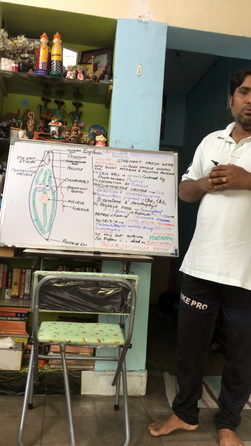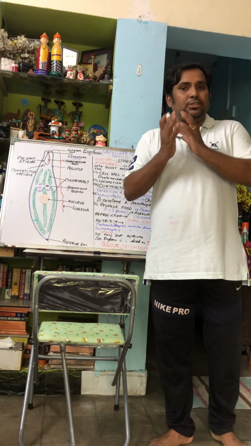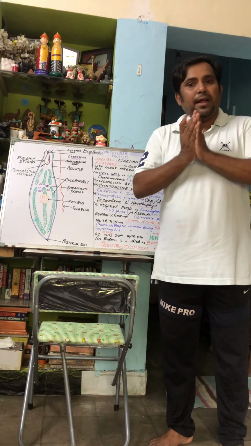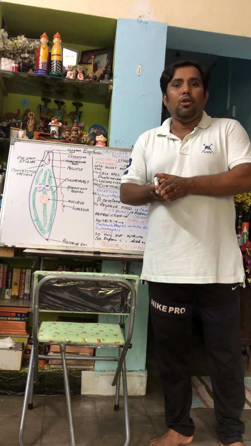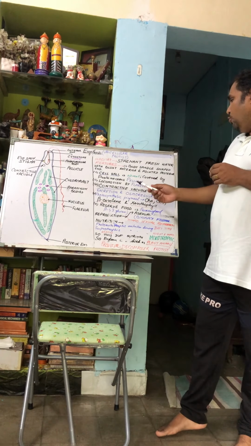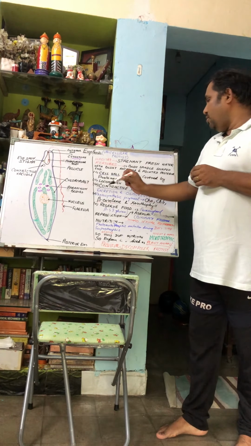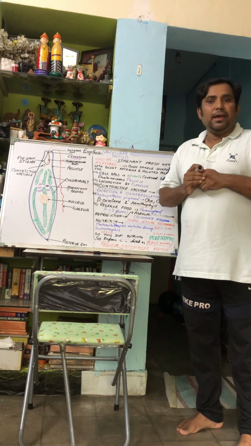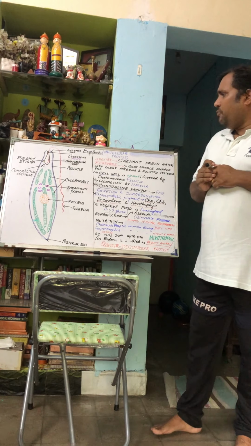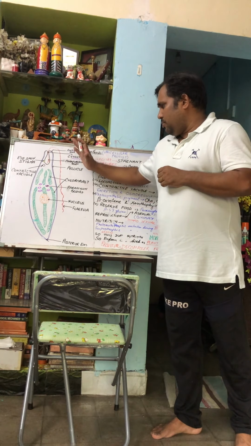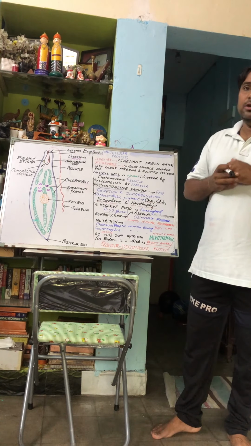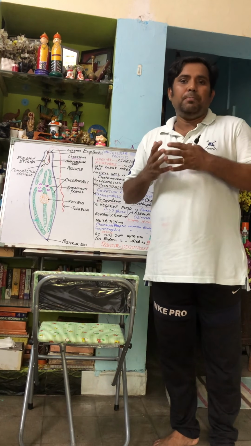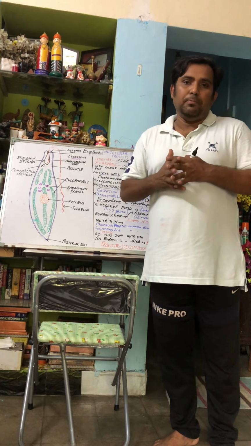If we further move on, we can see here paramylon bodies. Paramylon bodies or granules store the reserve food material, that is paramylon, which is chemically beta-1,3-glucan. Now, coming to the reproduction of Euglena, the primary mode of reproduction is asexual reproduction.